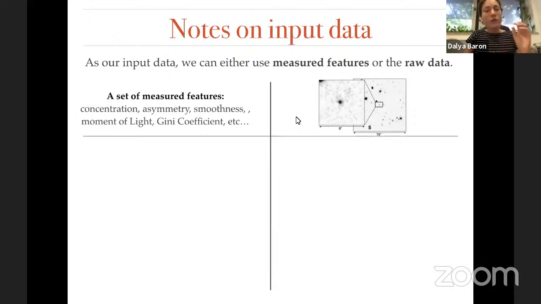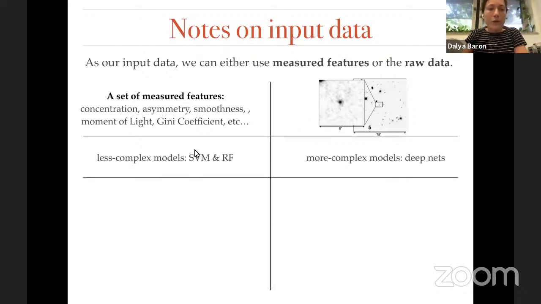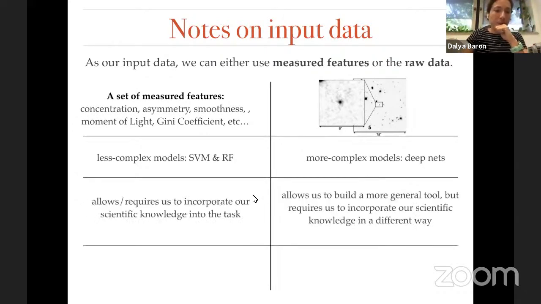But I wanted to give you some general description of the type of things we should be thinking about. First of all, when we extract a set of measured features, we can use less complex models like SVM and random forest, which are easily run, they are more interpretable, etc. When we use the raw data, images or spectra, we have to use more complex models like deep learning.